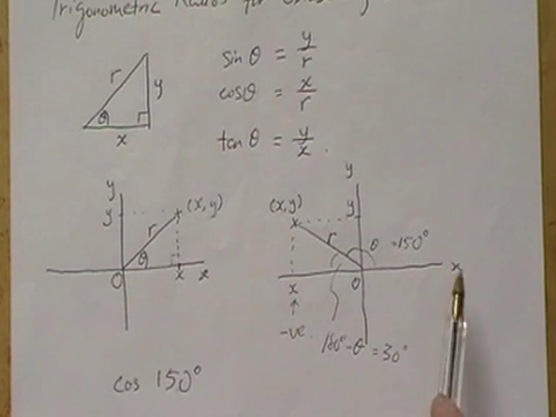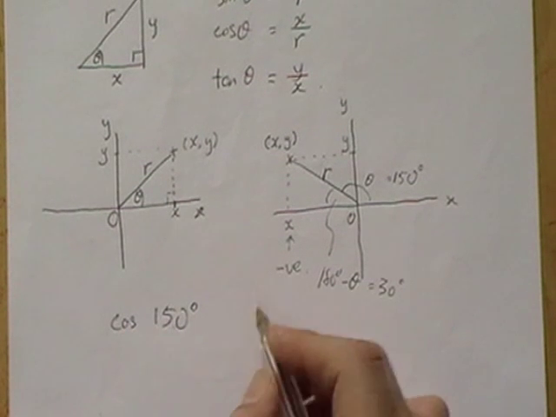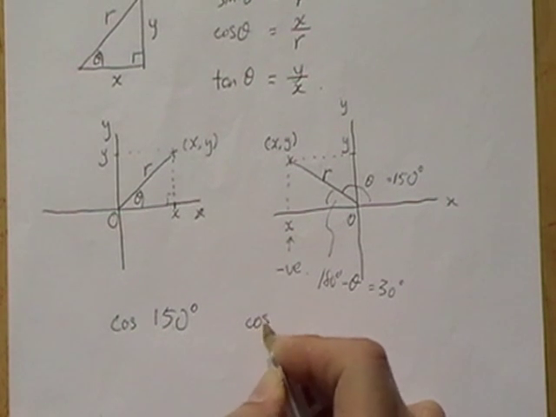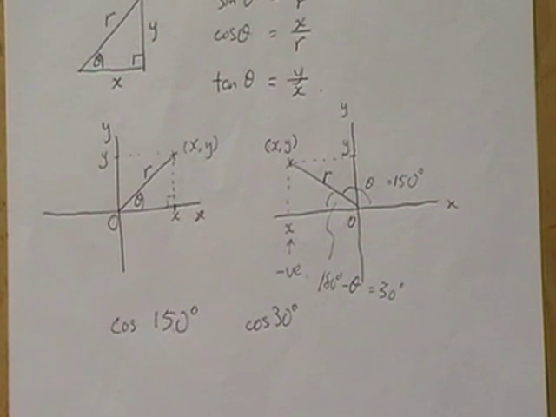So, is there some connection between cosine of 150 degrees and the cosine of 30 degrees?